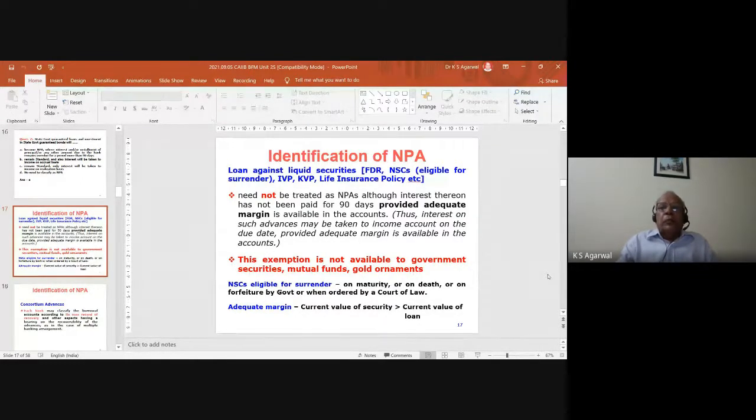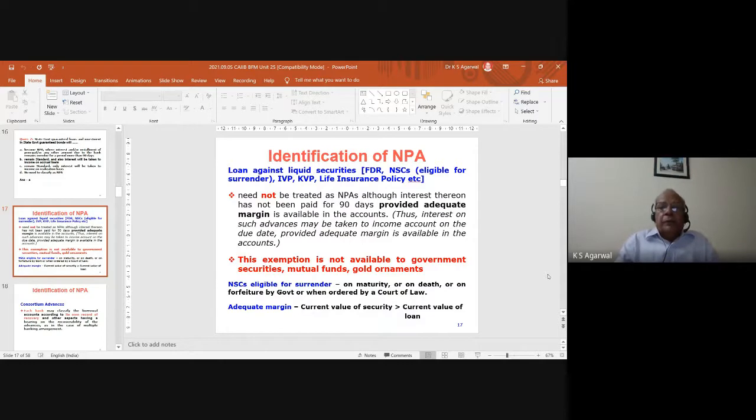So long as loan outstandings are below the value of security, I will say that adequate margin is available. Then, even if the interest has not been paid for 90 days, these accounts will not be treated as NPA. Therefore, when these are not treated as NPA, then interest on such advances may be taken to income account on the due date on accrual basis.